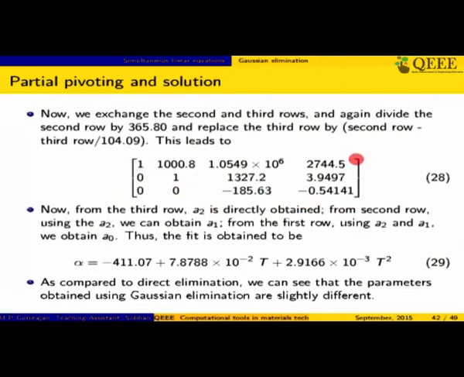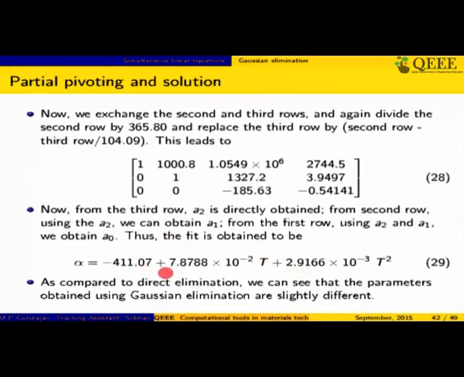Now you can see that in matrix form, if you write the solution, this is rather straightforward. 185.63 A2 is this, so you can calculate A2. And when you have A2, you can multiply 1327.2 into A2, and you subtract it from this, you get A1. And when you have A1 and A2, you can put those values here and subtract, and you will get A0.